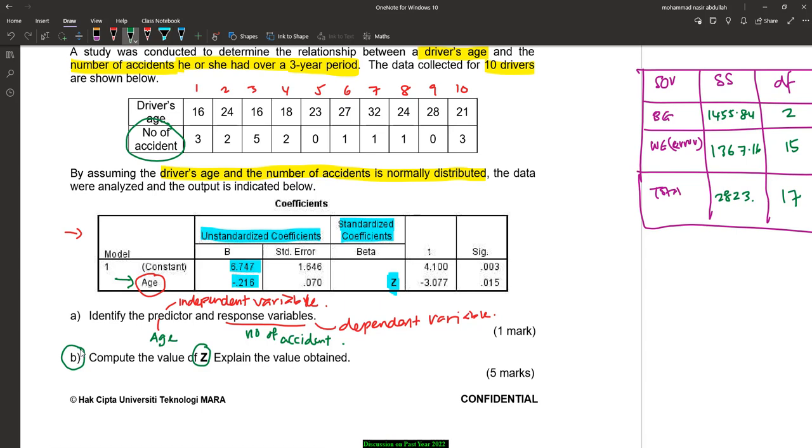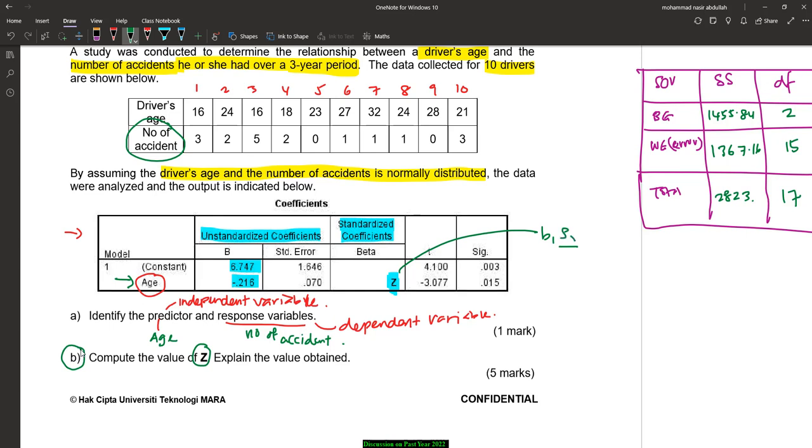So standardized coefficient is beta 1 multiplied with standard deviation for X divided by standard deviation for Y. So this is a sample kan. So since dia sample, kita ambil sample standard deviation lah.